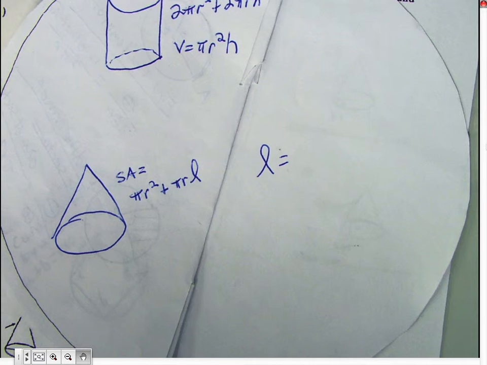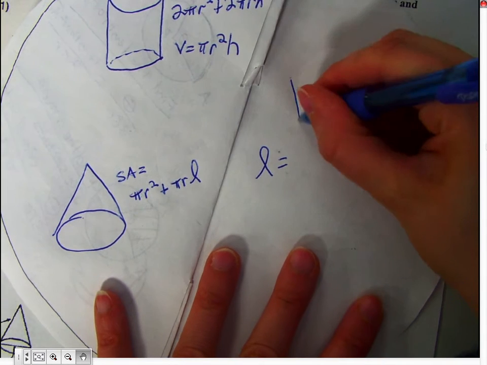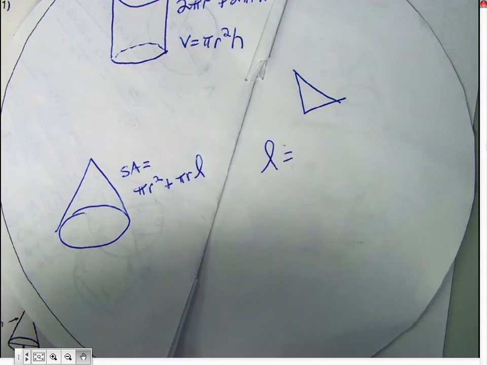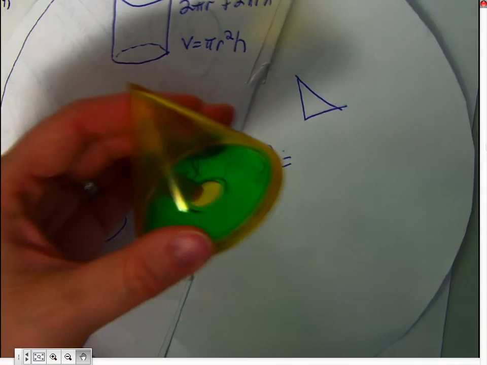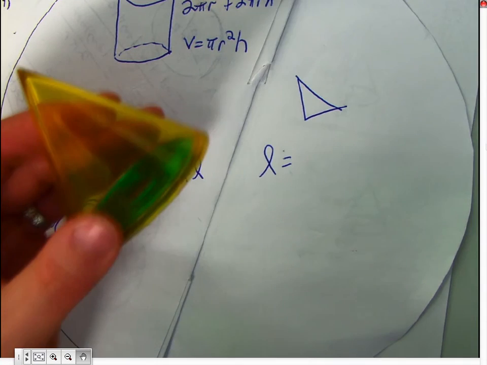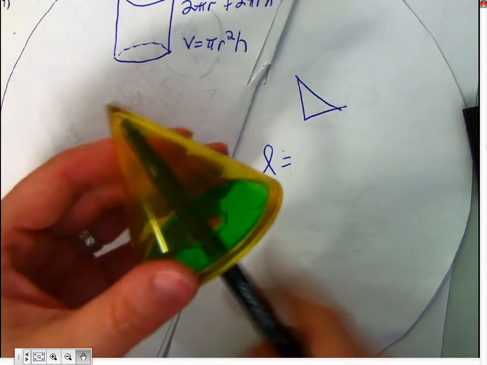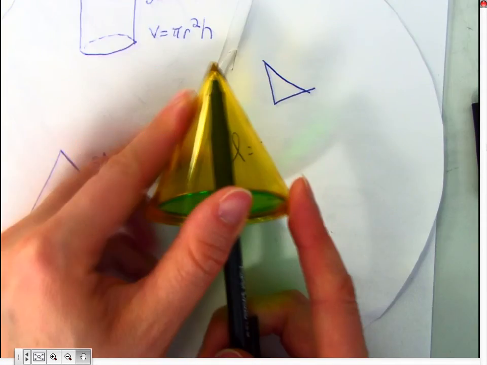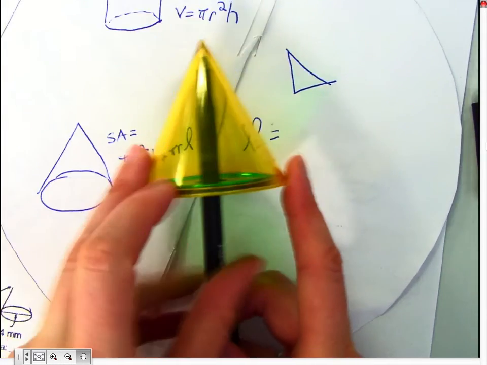When we're talking about slant height, it becomes a right triangle. So do we agree? If I put this pen in here like this, it's kind of hard to see on here. But do you guys see how I'm making a right triangle?